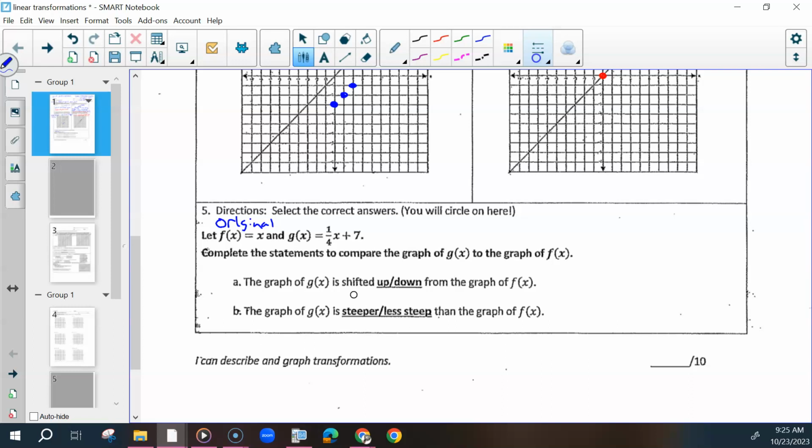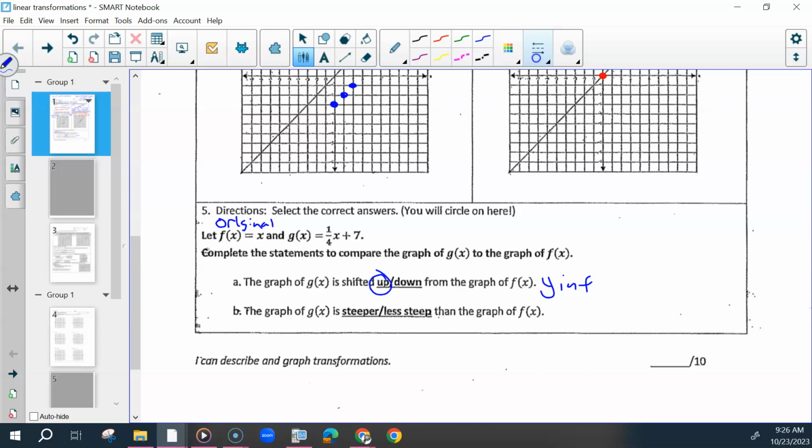So shifted, is that slope or y-intercept? Y-intercept. So if we're comparing the y-intercept from the original to this new one, what happened? It increased, not by 2, but by 7. So would that be shifted up or down? Shifted up. So this one's just circle which one. We don't have to put more, we just have to circle which one.